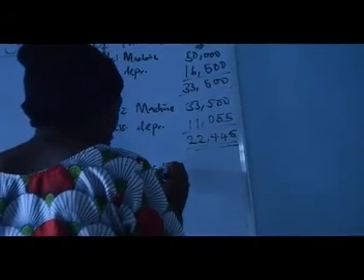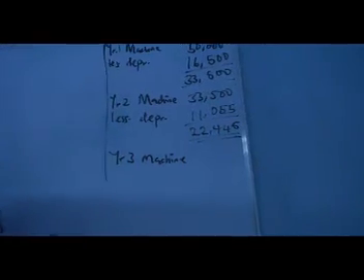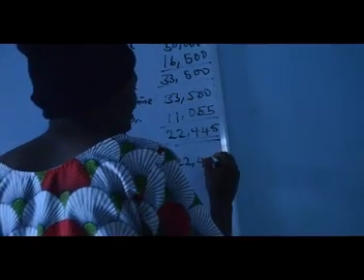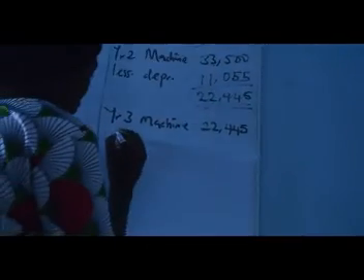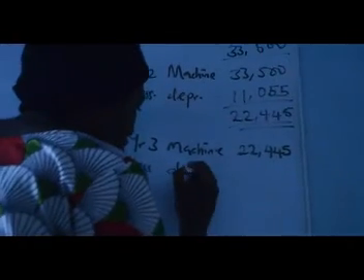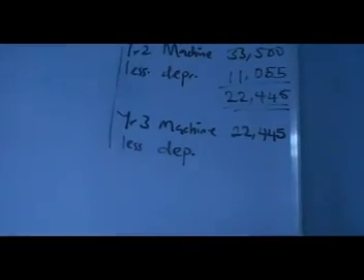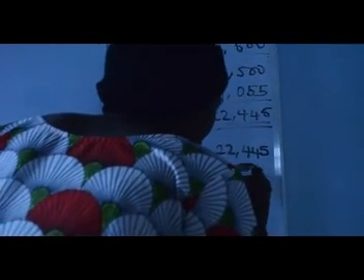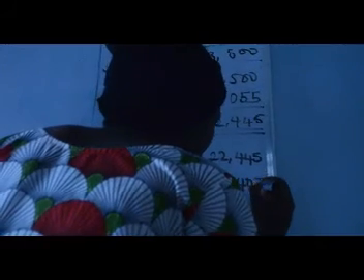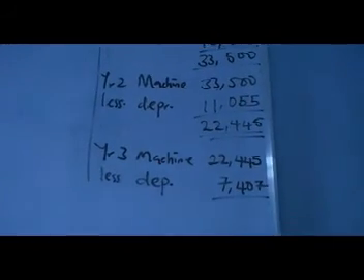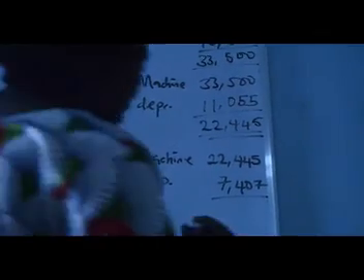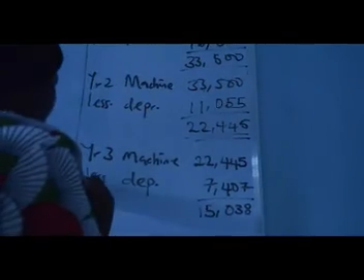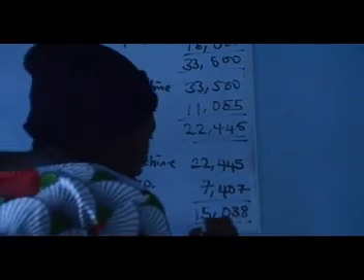Our machine value now, this is the old method, it has reduced to 22,445 naira. Okay, and we'll be lessing depreciation for this year, and that is 7,407. So when we less that, we'll be having 15,038. Okay, so that's that for our third year.